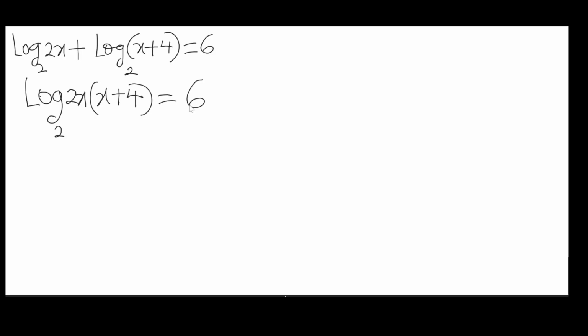Now to go further, I need to ensure that the 6 I have here is written in the form of log of base 2, so that we can compare both the left hand side and the right hand side together. Now, how do I make 6 have log of base 2? You agree with me that 6 can be written as log base 2 of 2 to the power of 6.